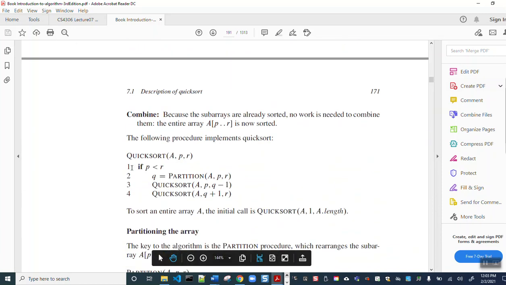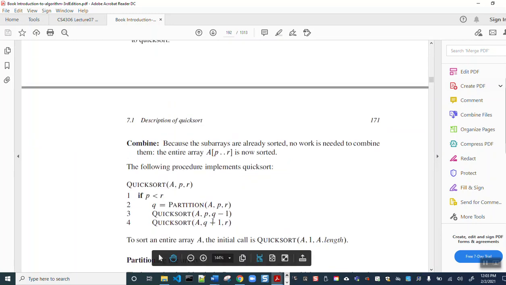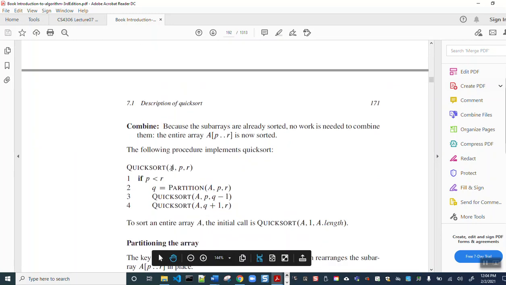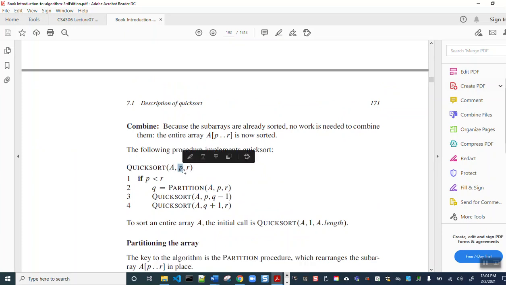As we see, the Quicksort algorithm is very simple, only a few lines, where A is an array and it has two indices, P and R. P is called the pivot index and R is the last index.